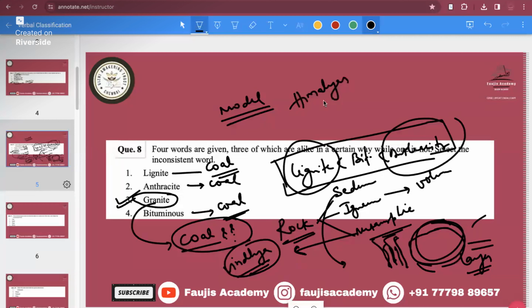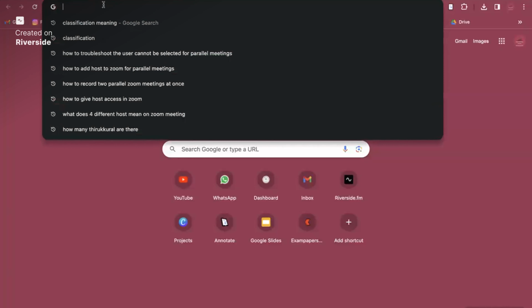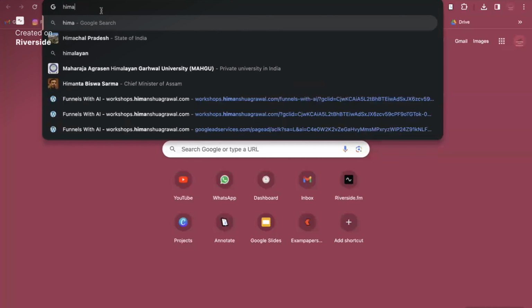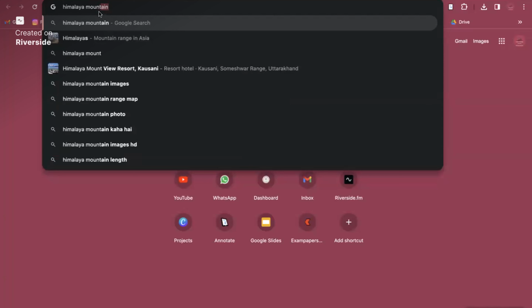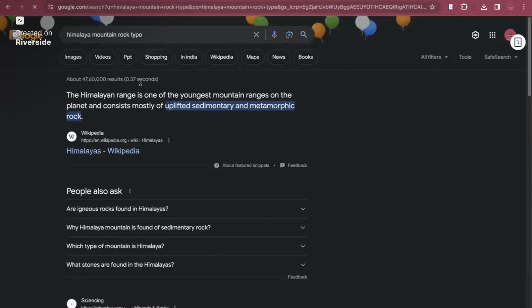What sort of rocks are there in the Himalayan mountains? Yes, guys. Sedimentary and metamorphic rock.